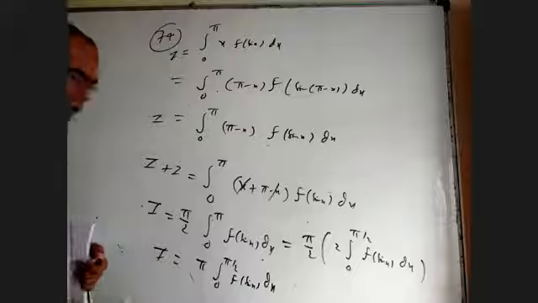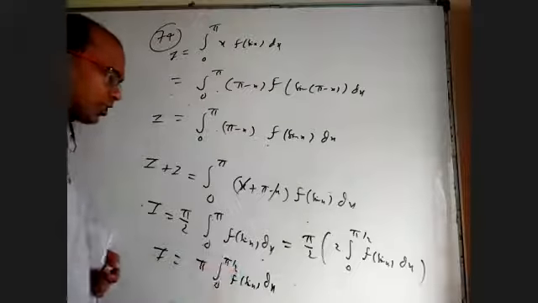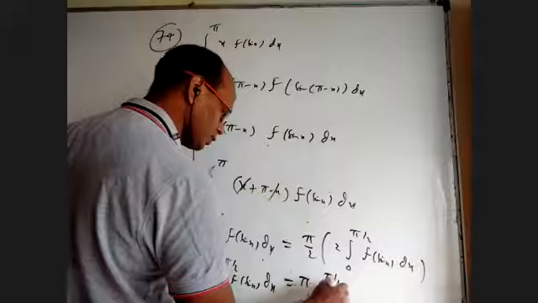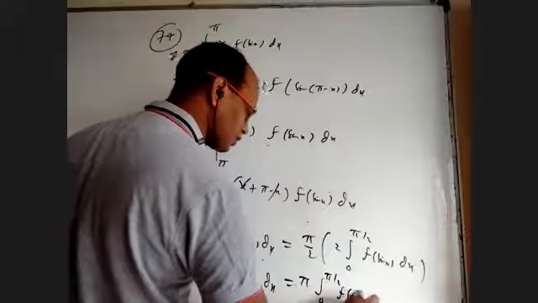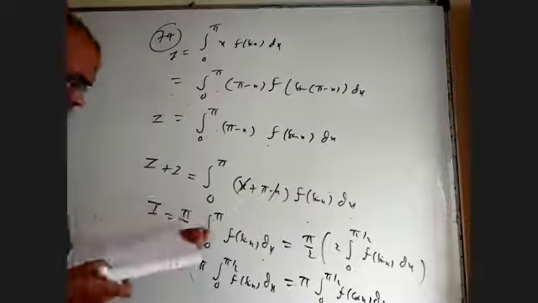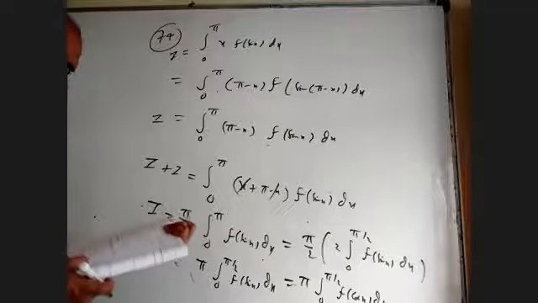Now there is one more thing. You can replace x with 90 minus x, it will become cos x. So you can even write pi times 0 to pi by 2 f of cos x. This is also fine. Both. Which is option B.